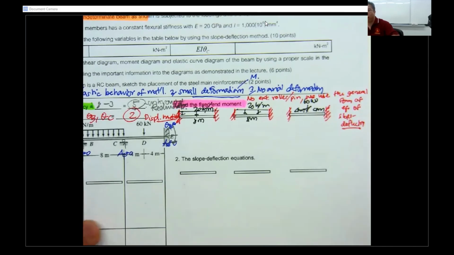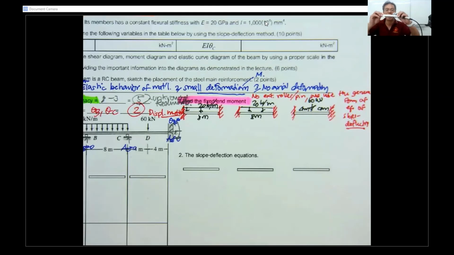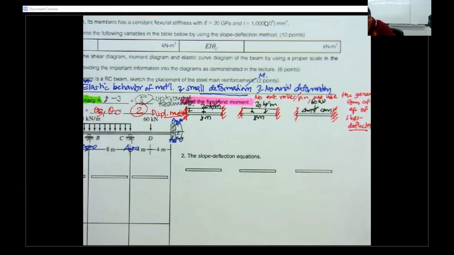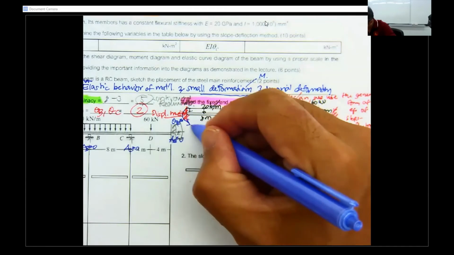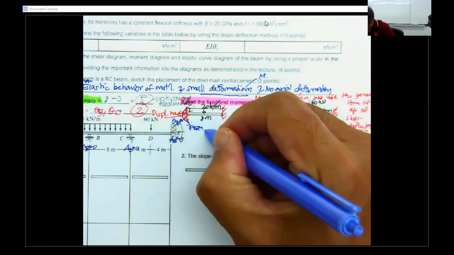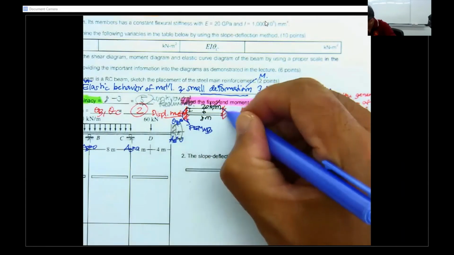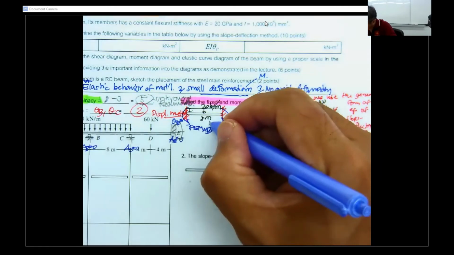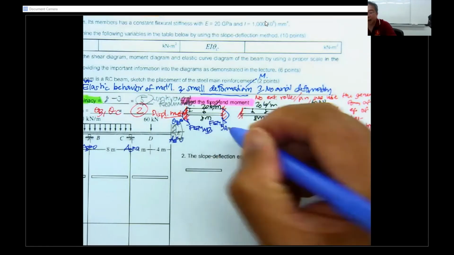If you may recall, when you put the load at the middle, the deflection of the beam is going to be like this, and then the fixed end moment will follow this direction. This is fixed end moment AB, and this is going to be fixed end moment BA.